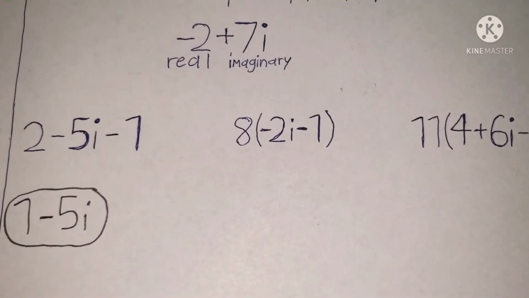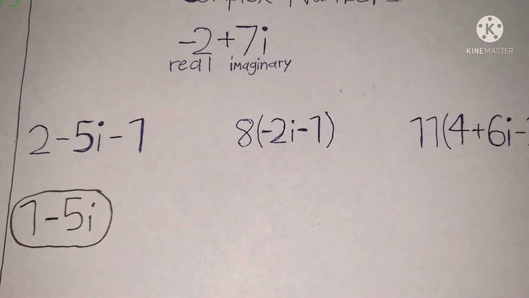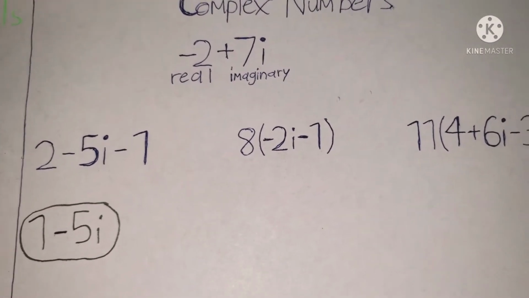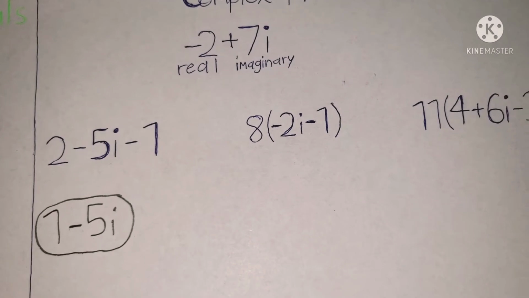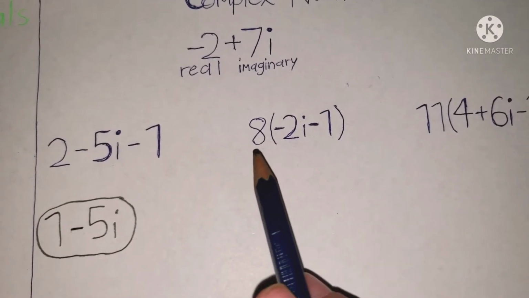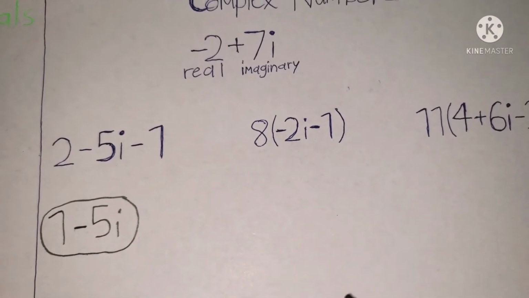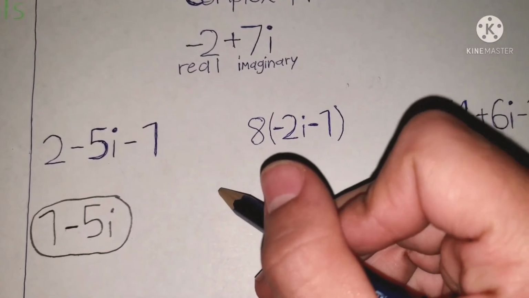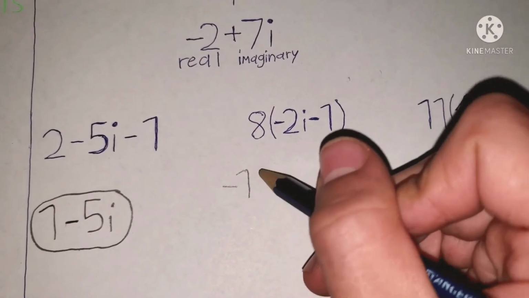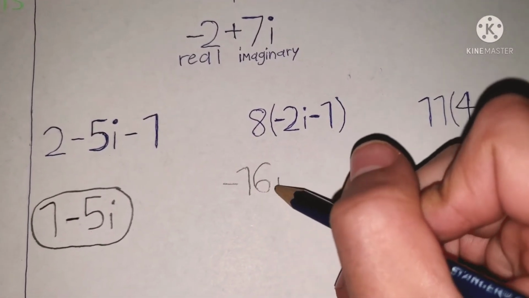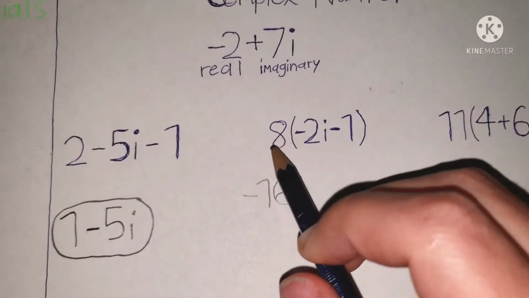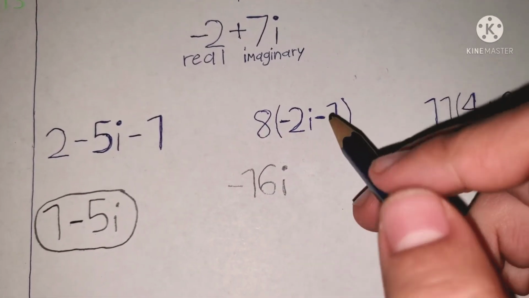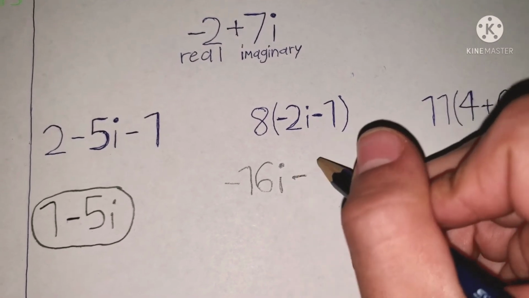And 8 parentheses negative 2i minus 1. Now how does it work? Well, all you have to do is multiply like this. So 8 times negative 2i, it's going to be negative 16i. And 8 times negative 1 is going to be negative 8.